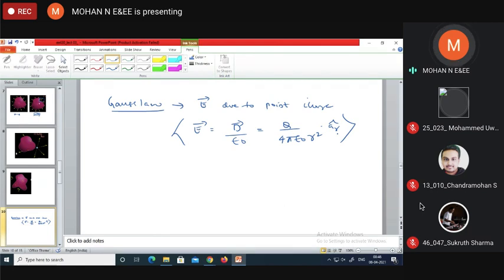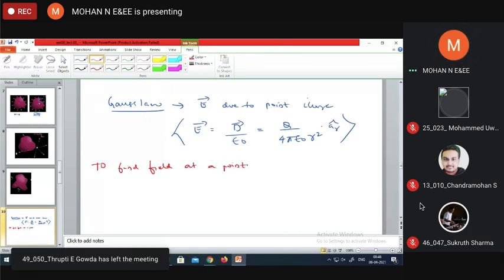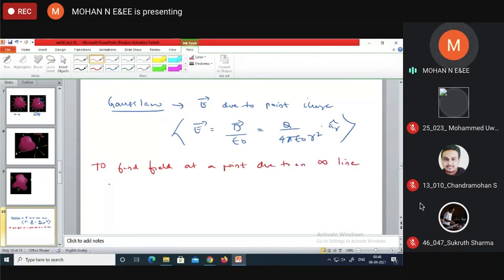Now we shall apply Gauss law to find the field at a point due to an infinite line charge.